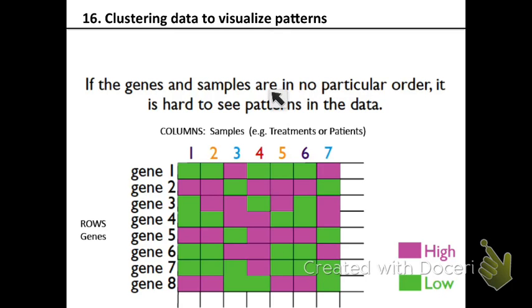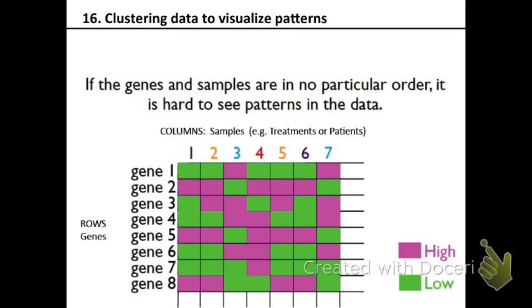If these genes and the samples are in no particular order, you're not going to be able to see the patterns in the data, because you're going to have values and colors all over the place. In this example, instead of having a range of values like a heat map, we said, if the differential expression ratio is high, let's color this gene purple, and if it's low, let's color it green.